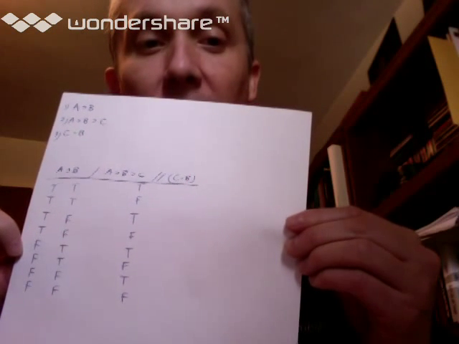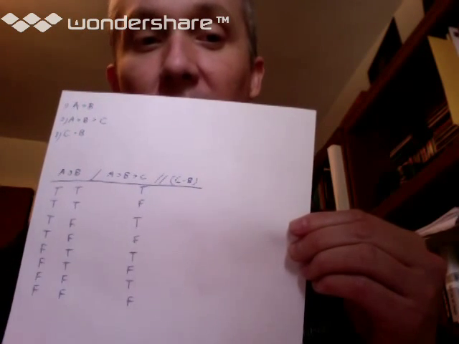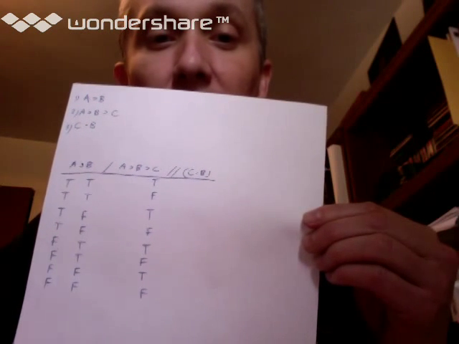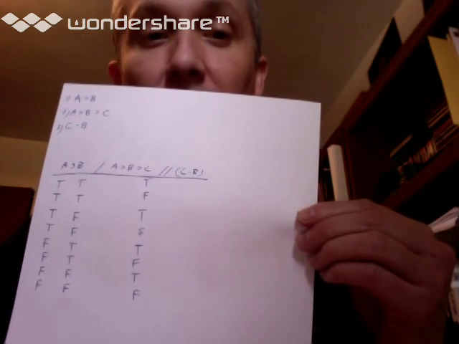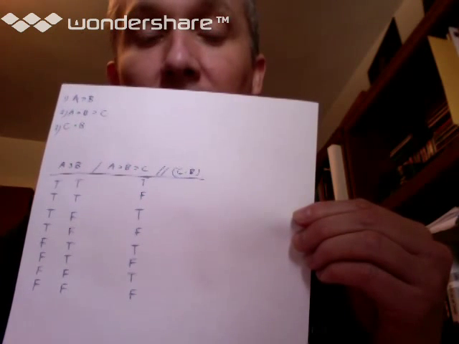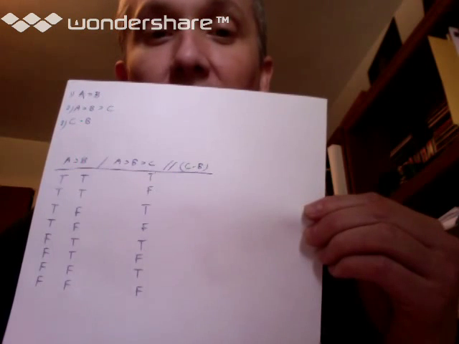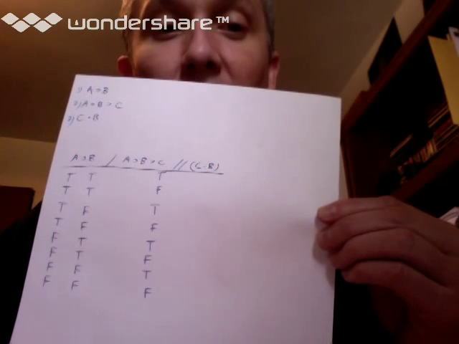So now what I'm going to do, the next step here, is to just plug in the possibilities. You can see in the second premise we still need to list the logical possibilities for A and B, and then in the conclusion we need to list them for C and B. So I'm just going to plug them in.